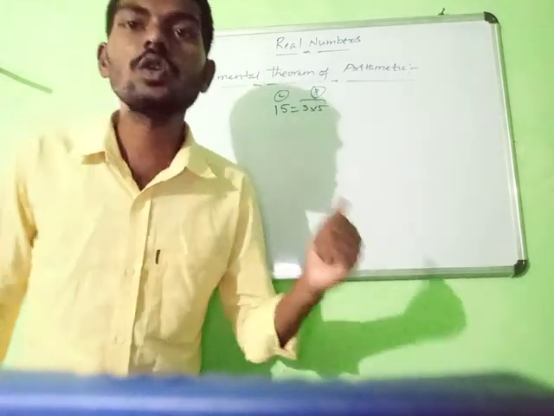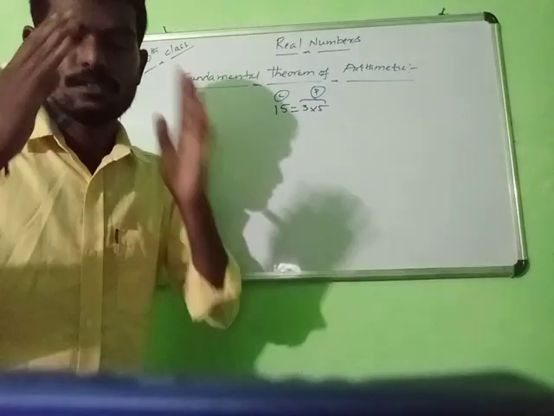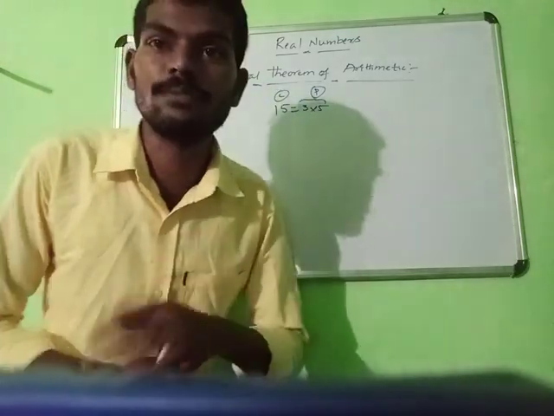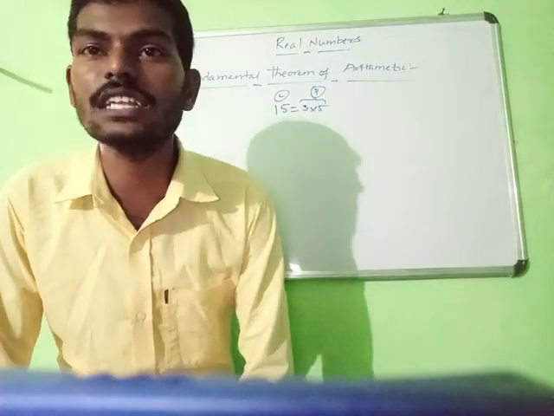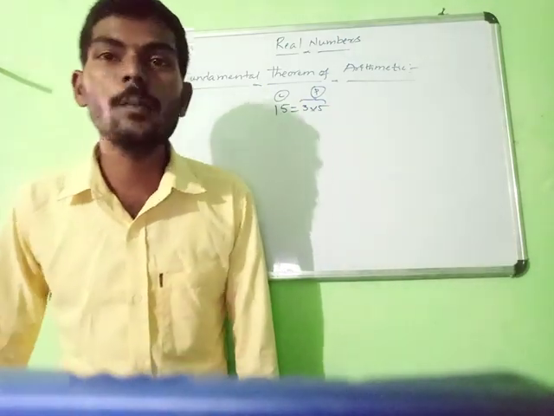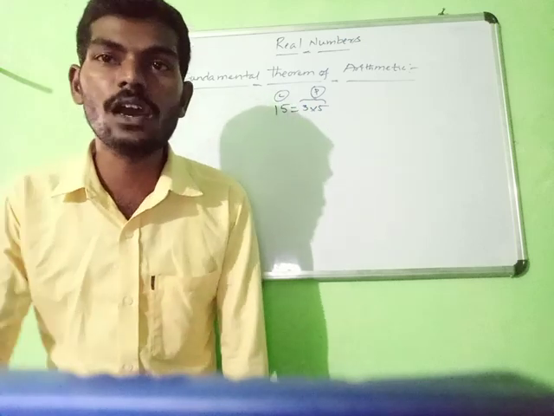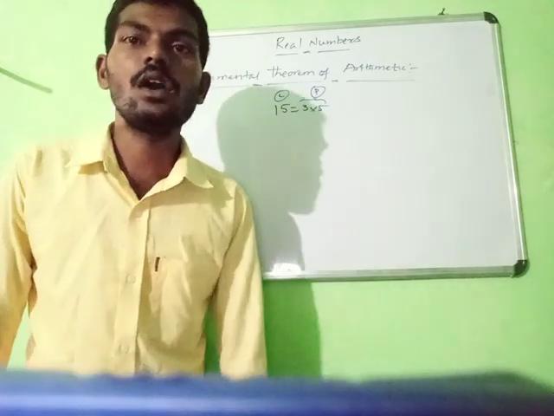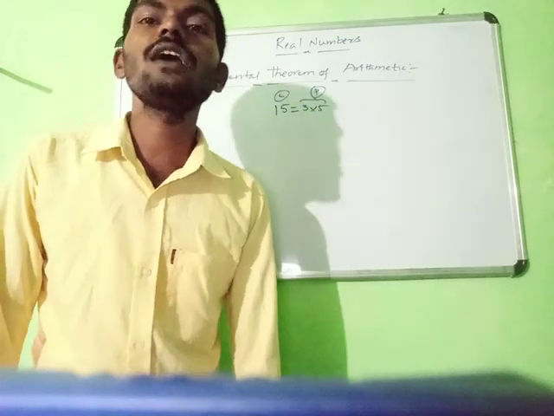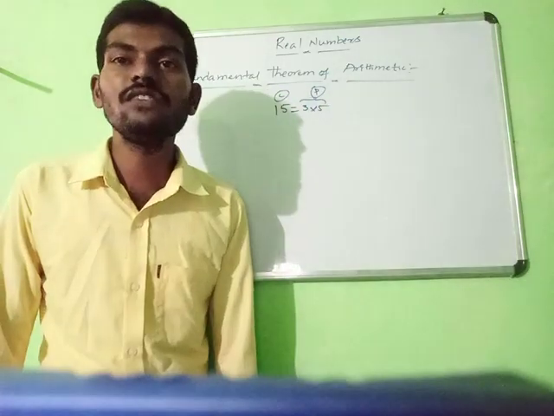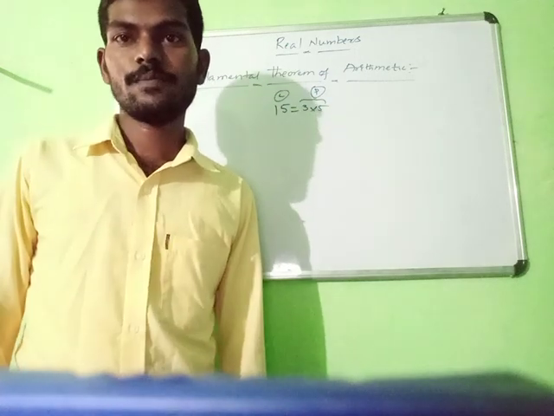This is the fundamental theorem of arithmetic. It says that every composite number can be written in the form of a product of their primes, and this factorization is unique apart from the order in which prime factors occur.